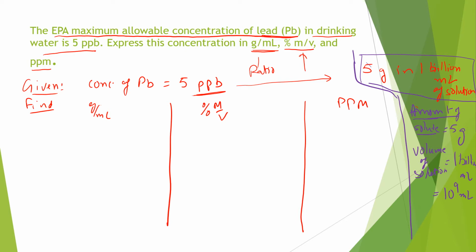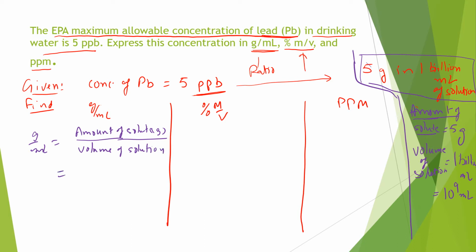So first let's find the grams over ml. Grams over ml is equal to the amount of solute in grams, of course, divided by the volume of solution. Simple.